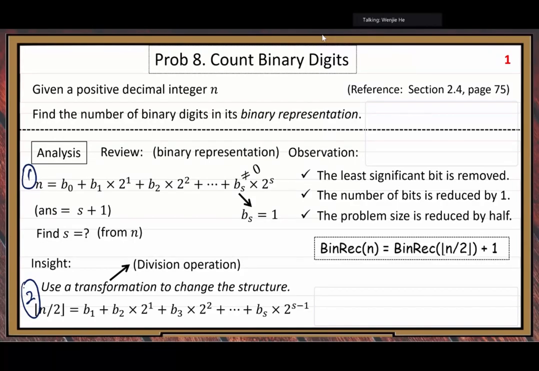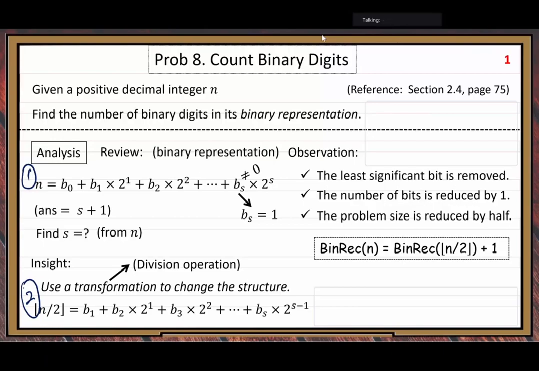Then our recursive formula. We need a function, binary recursion of n. The value of this function, the number of binary bits used to represent n, equals the number of bits used to represent the floor of n over 2, plus 1.